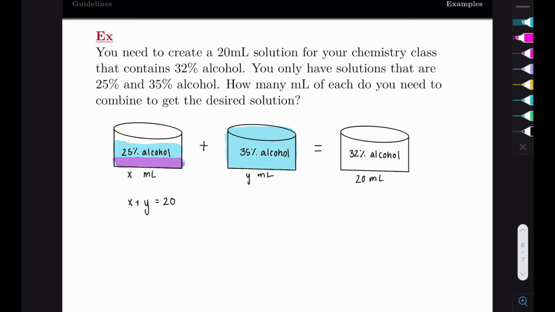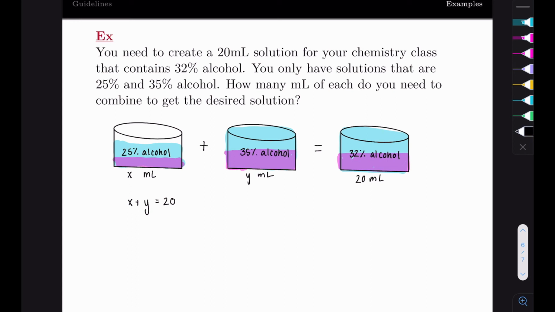And whatever I fill it up, 35%, which is roughly about a third of it, contains alcohol. And in the end, we have a solution that is 20 milliliters, and 32% of that is alcohol. So I'm not magically going to create any amount of alcohol.